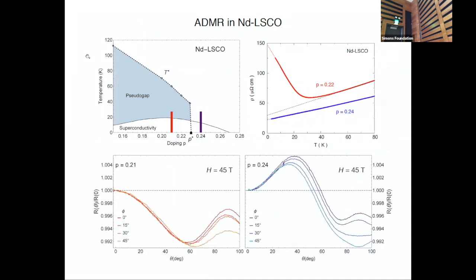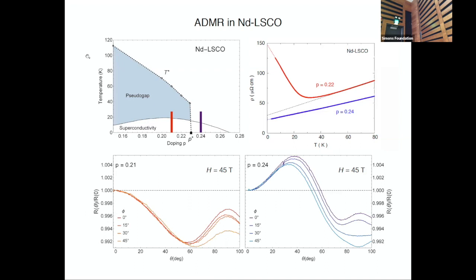Okay, so here's the raw data as it comes out of the experiment. These are experiments at 45 Tesla. You kill superconductivity and you tilt the angle with respect to the C-axis. So here the field is parallel to the C-axis, and then you tilt it in the plane. At 90 degrees, you're in the plane, in the copper oxide.